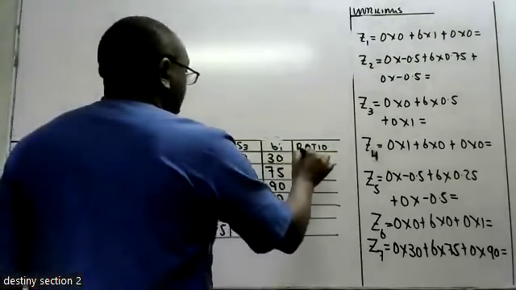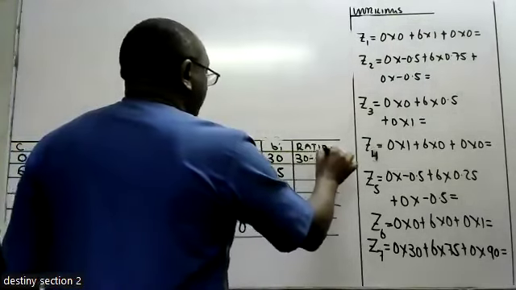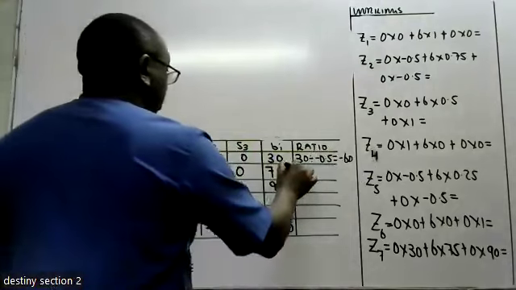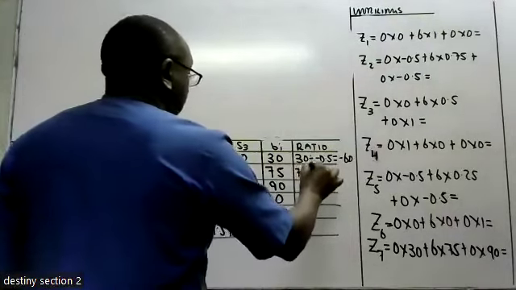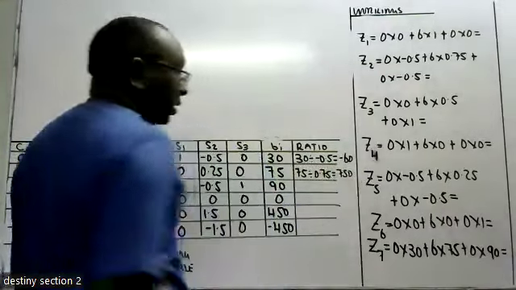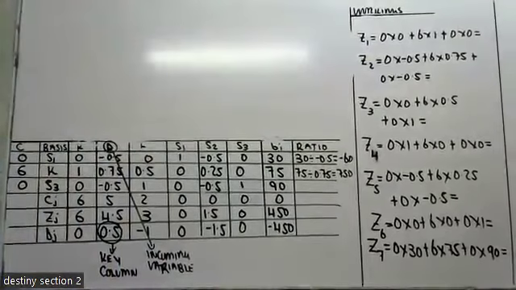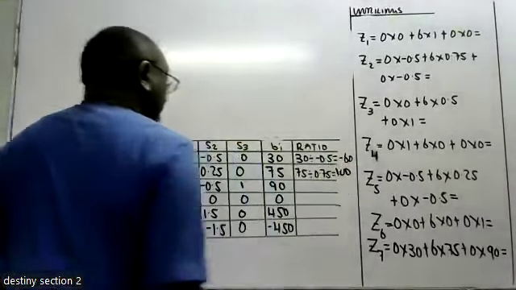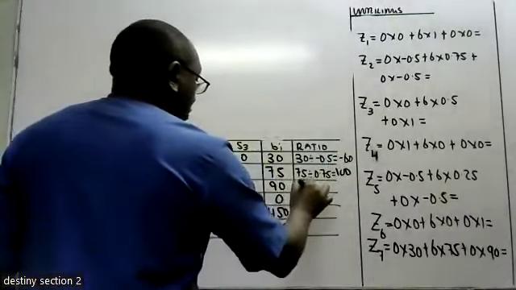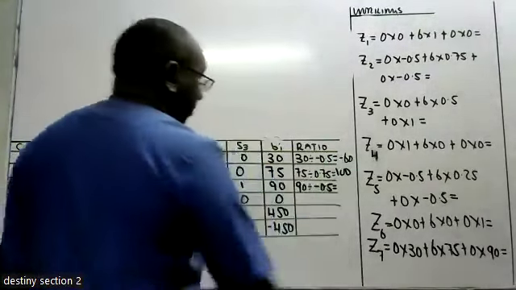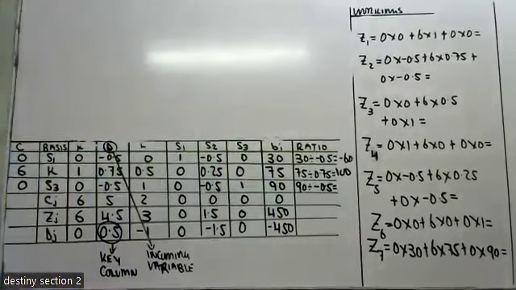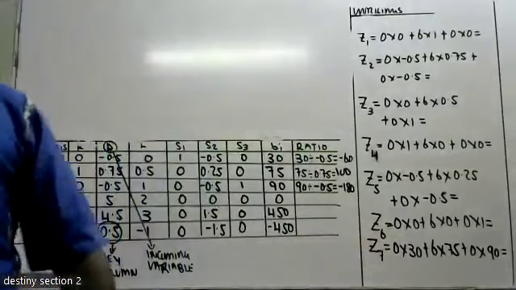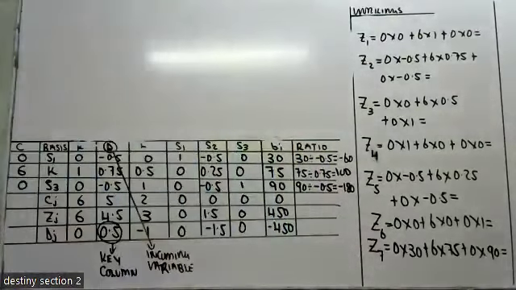So 30 divided by minus 0.5 is negative 60. 75 divided by 0.75 is 100. Then 90, we divide by negative 0.5. That is negative 180.